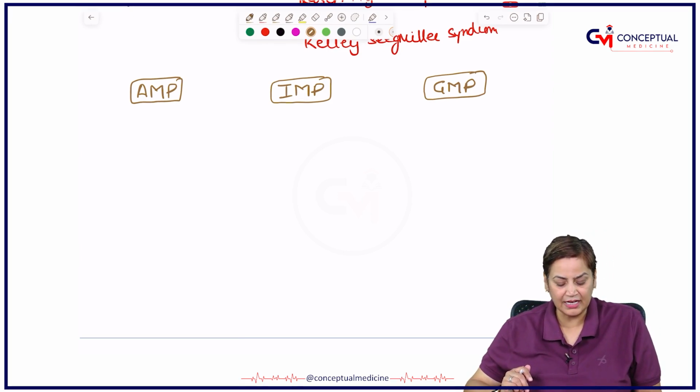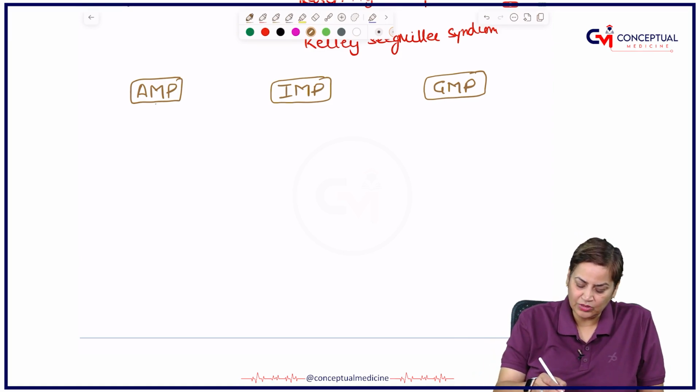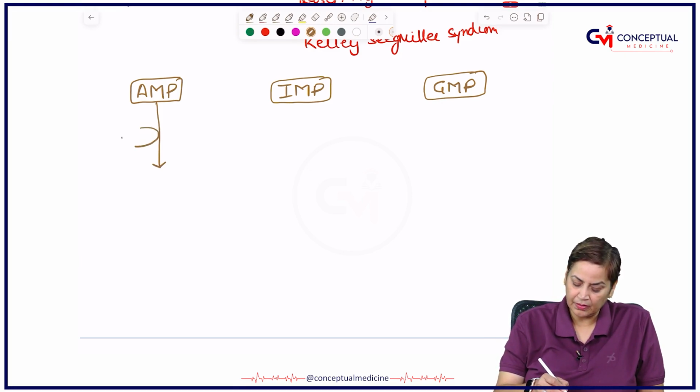Now, this is going to break down stepwise. It's not that adenosine monophosphate will immediately be converted into adenine like that. It will be stepwise. So this adenosine monophosphate will first give out the phosphate, and it will be converted into adenosine.